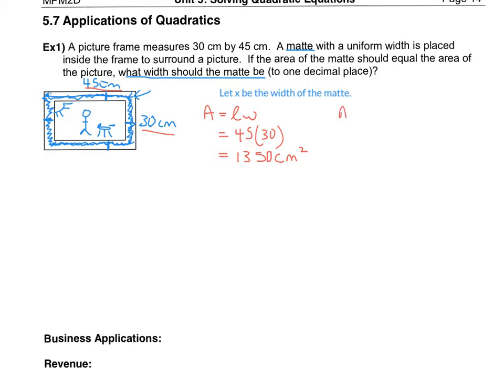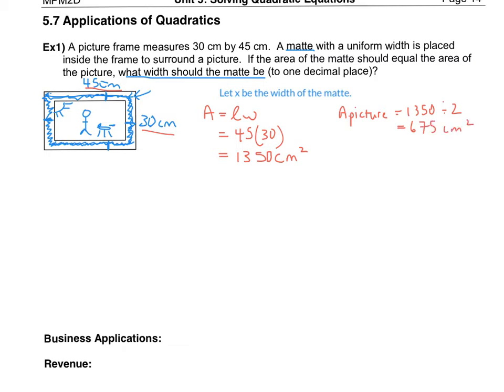The area of the picture then should be half of that, and the mat should be half of that. So I'm just going to put area of picture. It would equal that 1350 cut in half, divided by 2. Because the mat has to equal the area of the picture, and together they have to add up to be the 1350. So that means the area of my picture should be 675 centimeters squared.